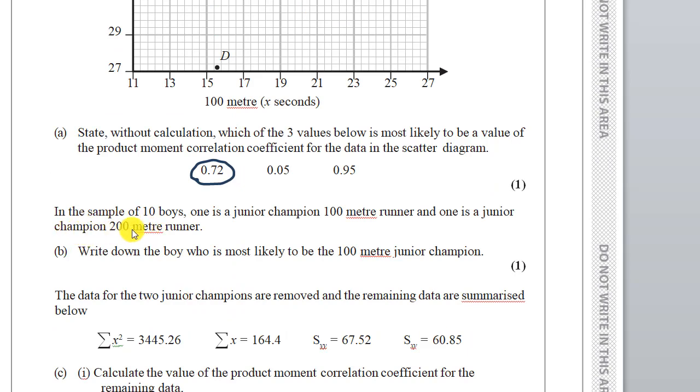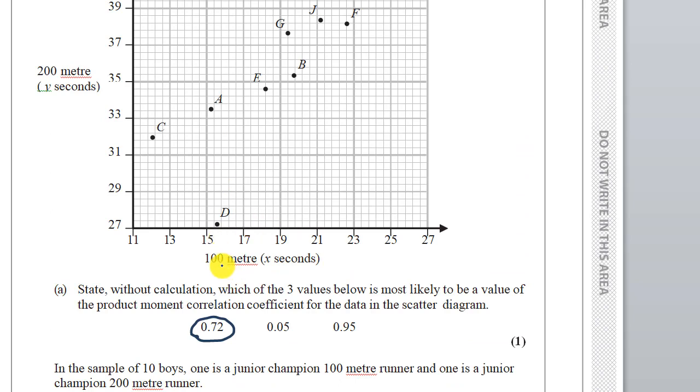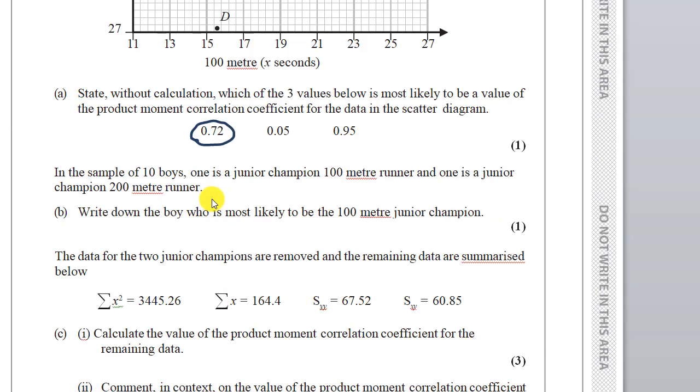In the sample of 10 boys, one is a junior champion in 100-meter runs and one is a junior champion in 200-meter runs. Write down the boy who is most likely to be the 100-meter junior champion. So which one has run 100 meters in less time? This is X, so the minimum x value is C. So here the boy is C.